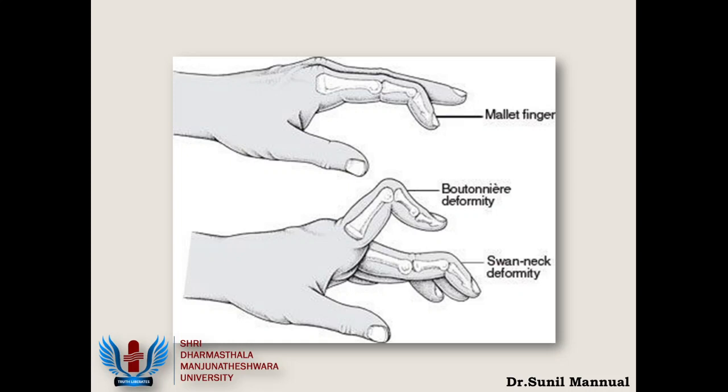In a buttonhole deformity, you have a flexion of the proximal interphalangeal joint and a hyperextension of the distal interphalangeal joint. So basically it looks like a buttonhole. In a swan neck deformity, you have just the opposite. You have a hyperextension of the proximal interphalangeal joint and a flexion of the distal interphalangeal joint. That is a swan neck deformity.